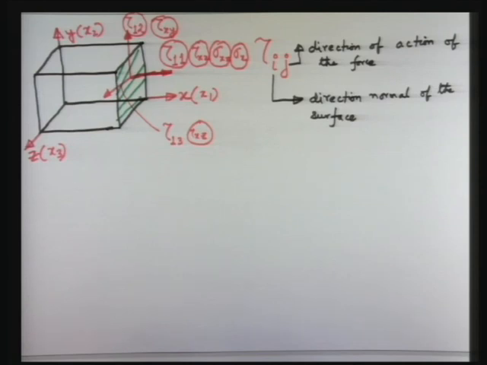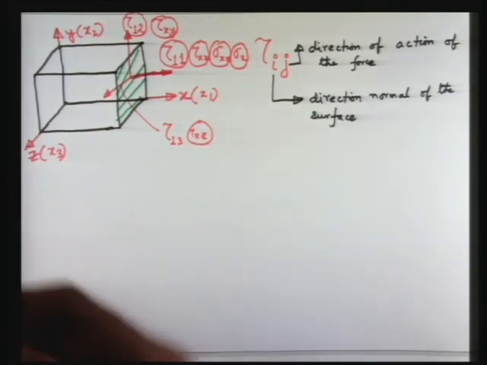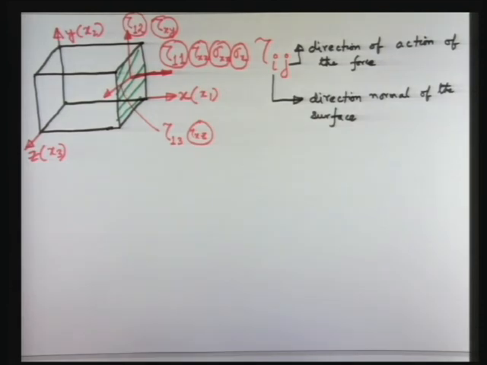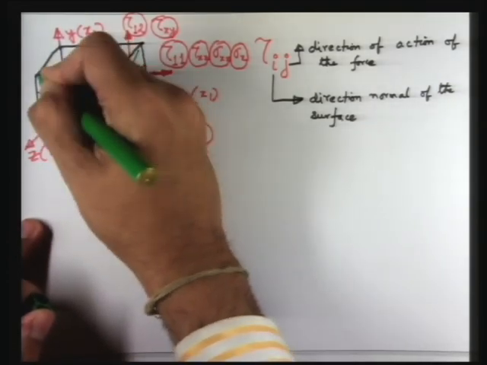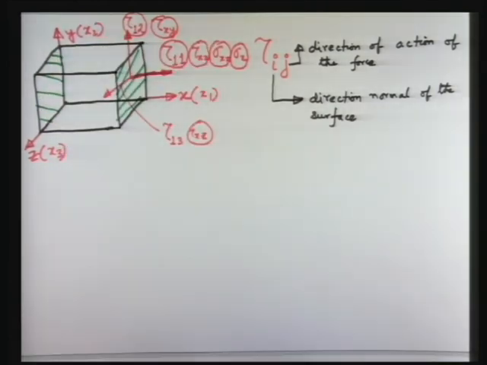Now to understand the convention, of course there are 6 surfaces. We will do it for another surface, and for the remaining 4 surfaces I will leave it to you as an exercise to complete. For this surface, which is just the opposite face, I want to show you how the symbols are written, because we want to adopt a particular sign convention.